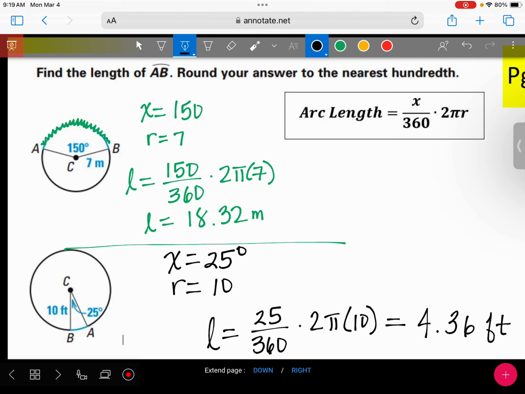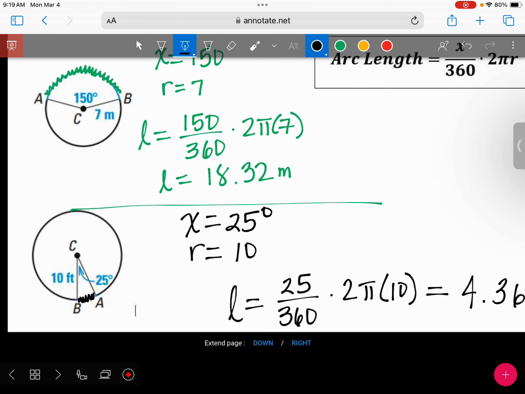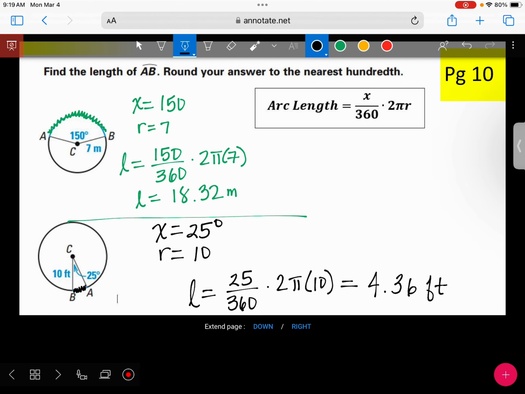So arc length is a piece of the circumference. It's not the whole circle. So in other words, it's a piece of the crust. Think of arc length as the crust. So it's like, how long is a piece of crust? All right, if you typed it in your calculator right, you should have 4.36 feet. Who had that?